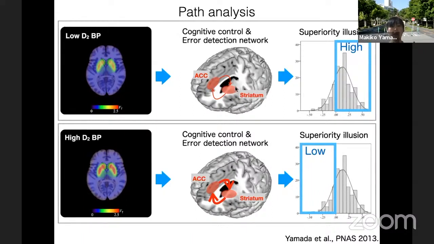This network is known as a cognitive control and error detection network, and therefore we assume that this type of error, or superiority illusion, is not suppressed or inhibited in the case of low D2 binding potential, as in addicted people.